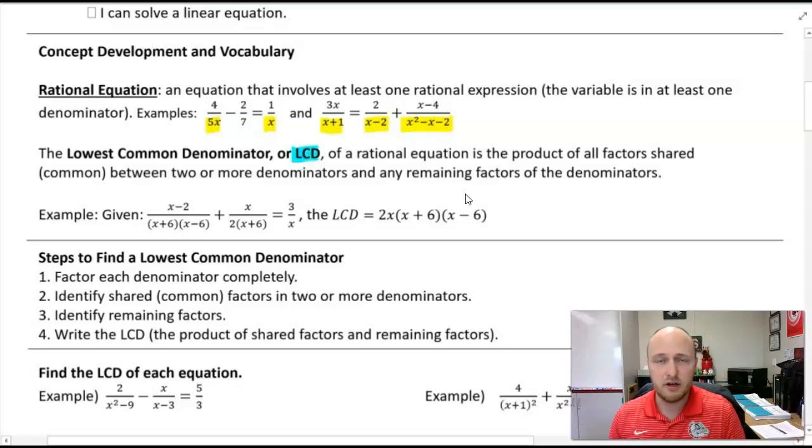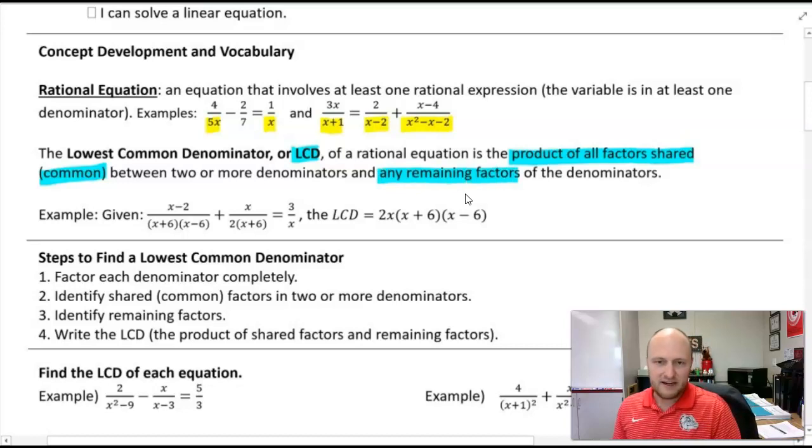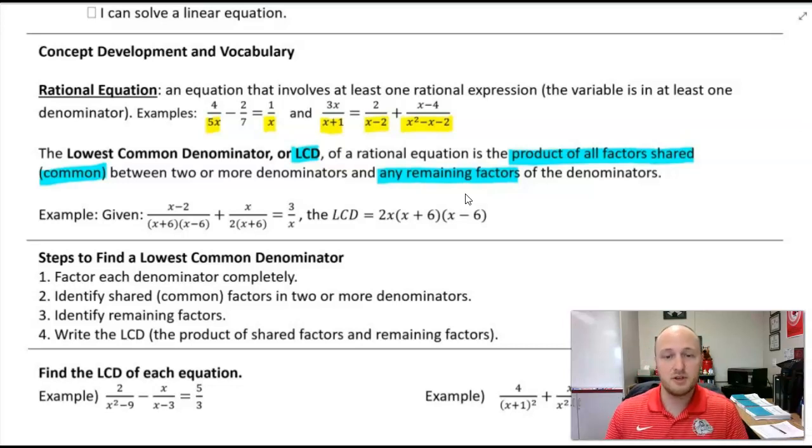It is the product of all of the factors that are shared between two or more of the denominators and any remaining factors. So we have shared and we have remaining, and that's going to be very important when we're finding our lowest common denominator.